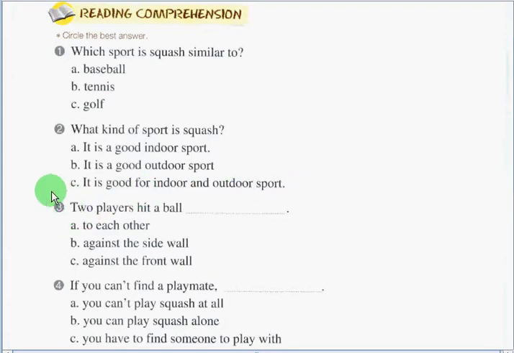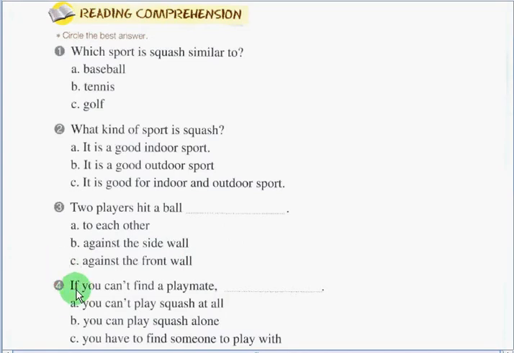Then, number 3. 2 players hit a ball blank. A. To each other. B. Against the side wall. C. Against the front wall.